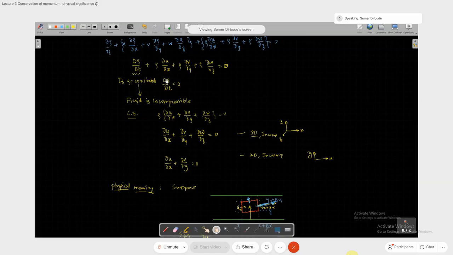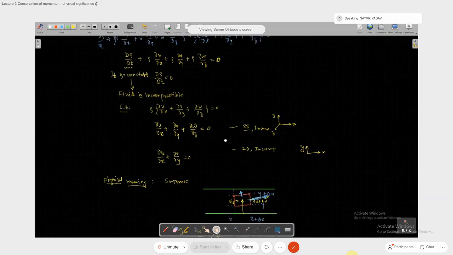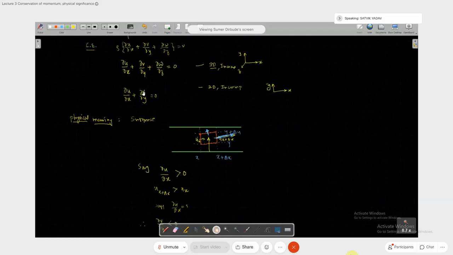Sir, is there any point for which these equations give an infinite solution? See, if you look at this first equation, how many variables are there? Two variables. And how many equations do we have? Only one.